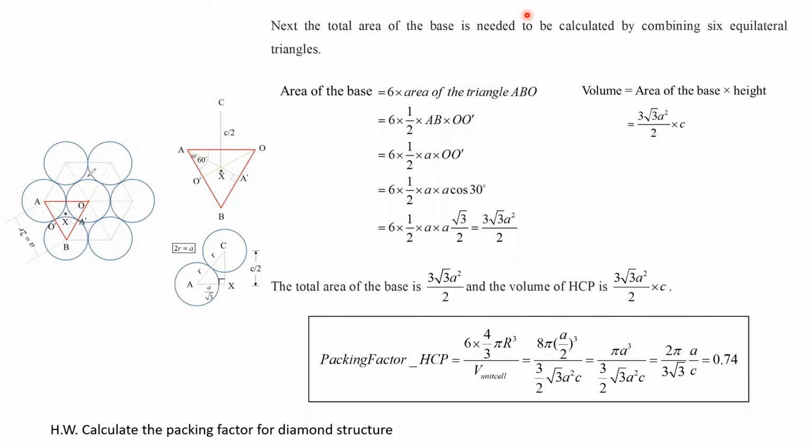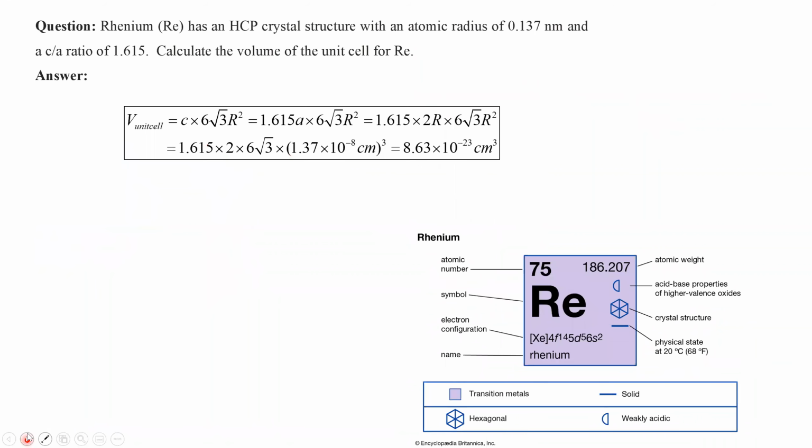Okay, let's move on. Rhenium has an HCP crystal structure with an atomic radius of 0.137 nanometer, and C per A ratio is 1.615.